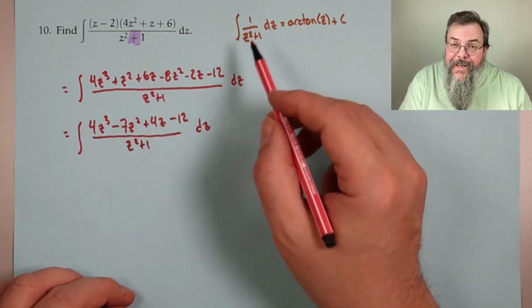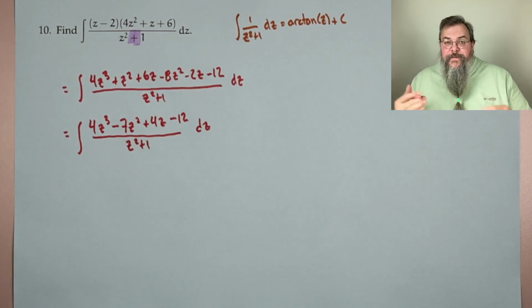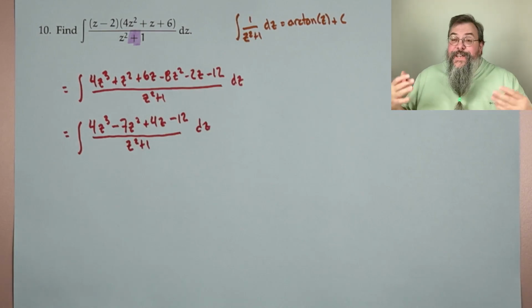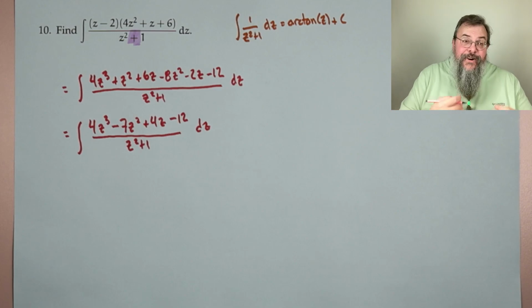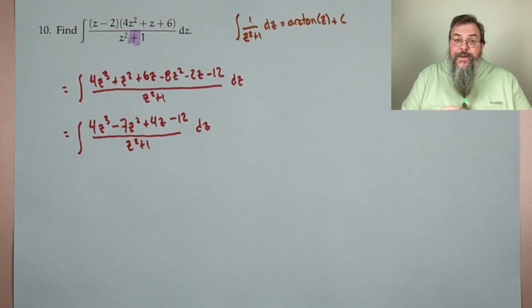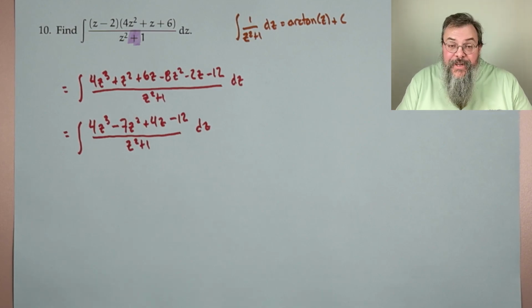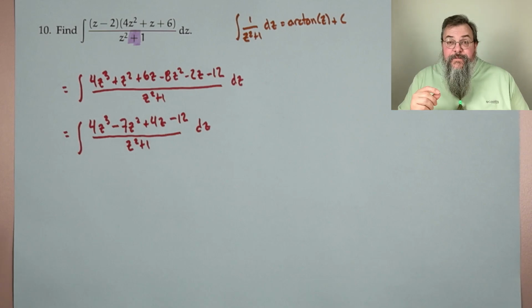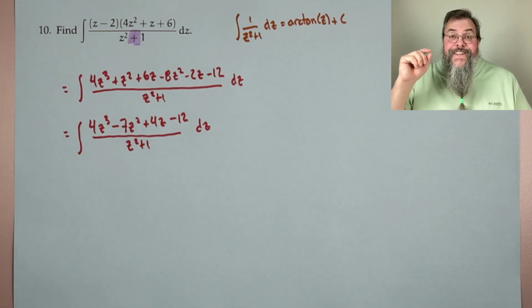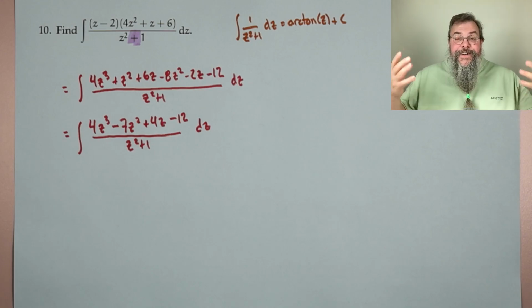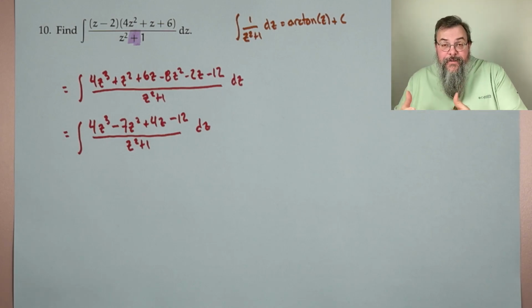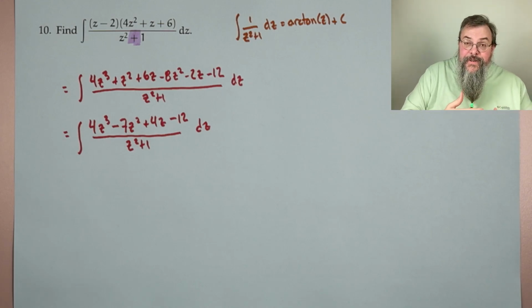We just want a number. A number above z squared plus 1 we can handle. Anything beyond that we can't. So how do we proceed? What's the next algebra thing for us to do? The next algebra thing for us to do is divide. We're going to carry out long division. Divide one polynomial into another polynomial.